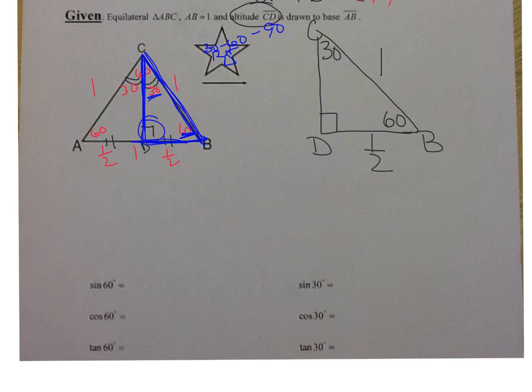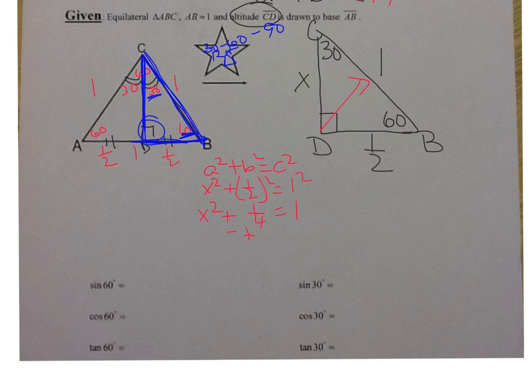Now, I have a piece of the right triangle missing. And what I'm missing is the altitude, CD. So what I'm going to use is the Pythagorean theorem to find that missing piece. So remember, the Pythagorean theorem is a squared plus b squared equals c squared. C is the hypotenuse, and in this case, the hypotenuse is 1. So I have x squared plus 1/2 squared is equal to 1 squared. X squared plus 1/4 is equal to 1.